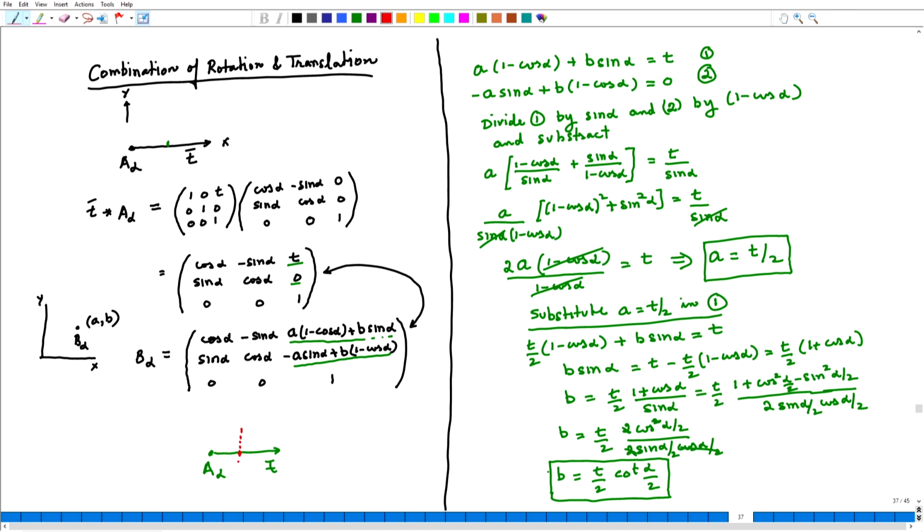So, this is the coordinate t by 2, and this length should be t by 2 cot alpha by 2. So, this is where I expect another rotation axis which rotates through an angle of alpha.